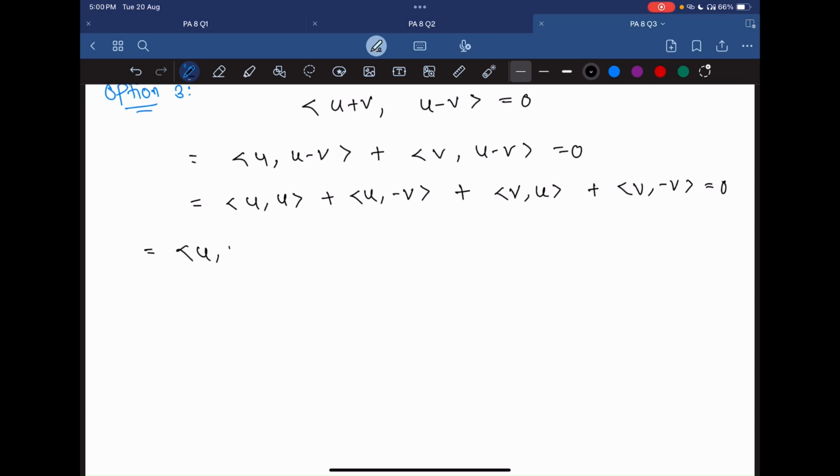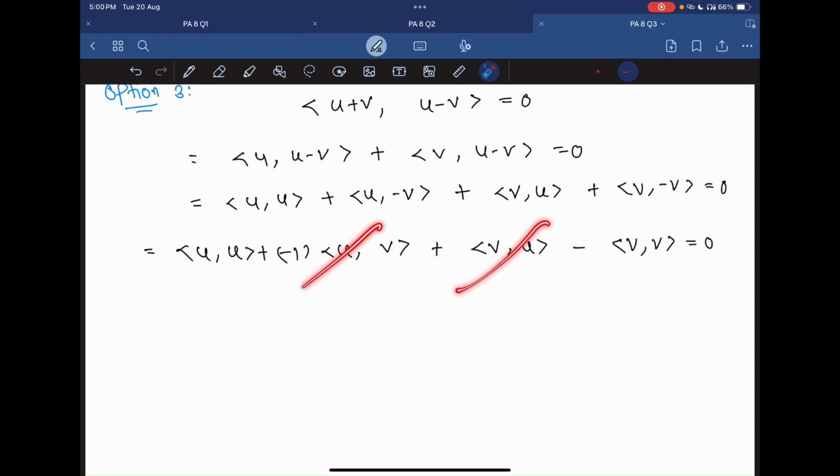So it will be the inner product of U with U, minus 1 times the inner product of U with V, plus the inner product of V with U, and minus the inner product of V with V, and that is equal to 0.